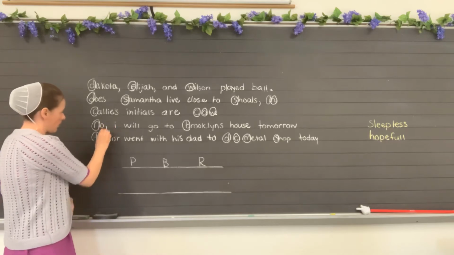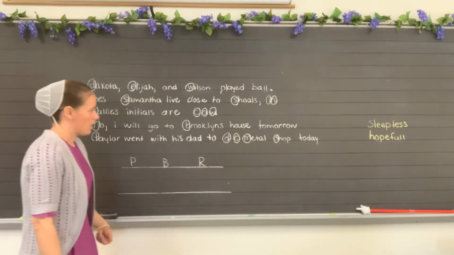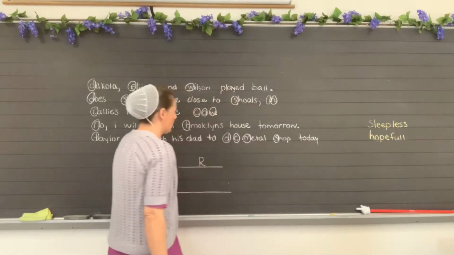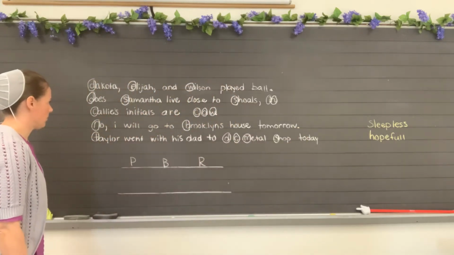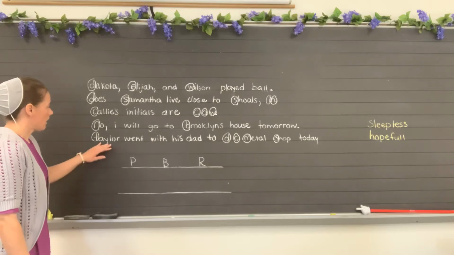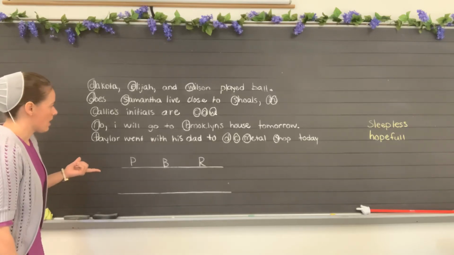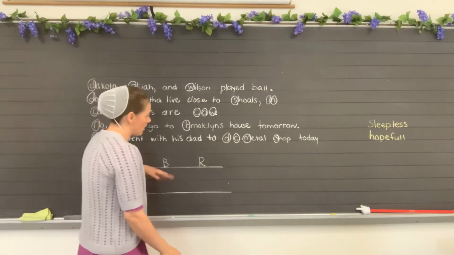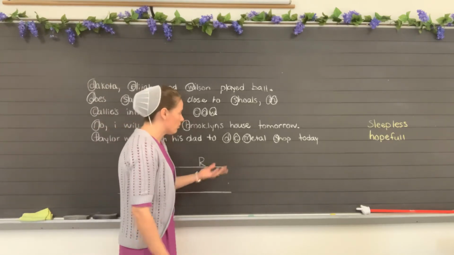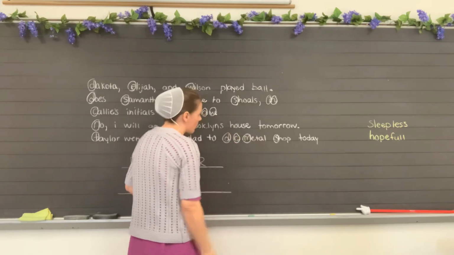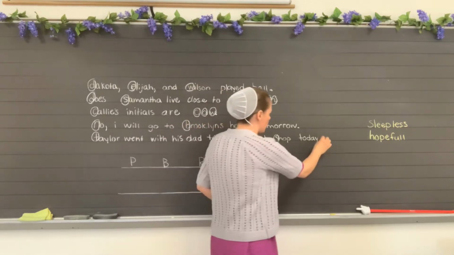So we need a comma after no, and then we also need a period because it's a telling sentence. Okay, and then we have the next sentence, and to be proper, we should put a period after D and C, and then we also put a period at the end.